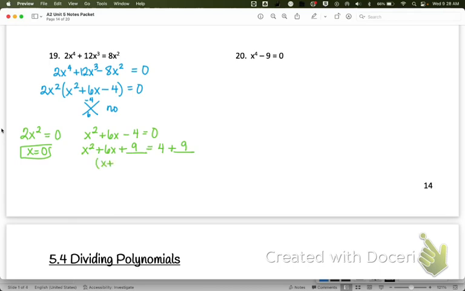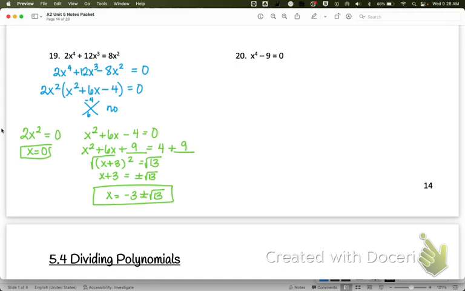And this factors to x plus 3 squared equals 13. You could also use quadratic formula on this. I just prefer complete the square if I can do it. Then we square root both sides. X plus 3 equals plus or minus the square root of 13, and then subtract 3. So x equals -3 plus or minus the square root of 13. That's our other 2 solutions.